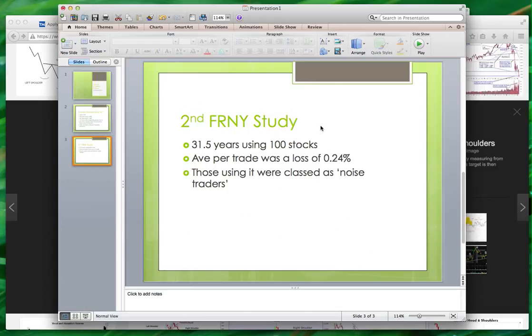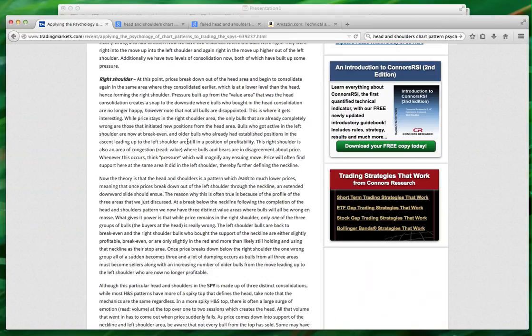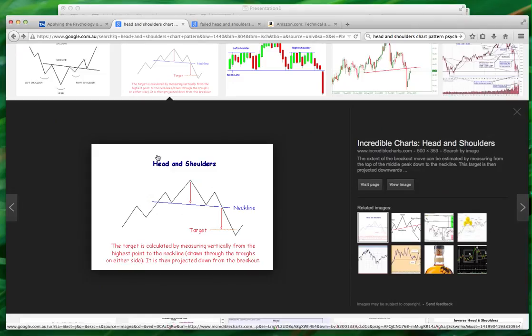So let's have a look at this head and shoulders pattern again. In summary, we need to believe that this pattern was created by psychology. If we doubt the psychology behind it, we cannot use any pattern. Sure, sometimes you might see a pattern like this form and the market falls, and you want to relate that fall back to the pattern.